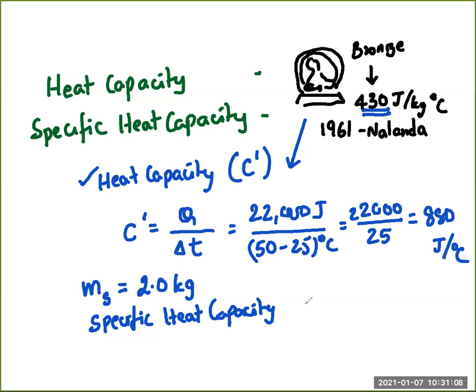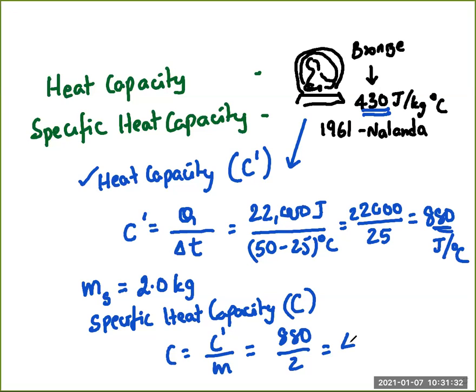So specific heat capacity, which is given the symbol C, is equal to C prime, that is heat capacity, divided by its mass. So when you do that, you will easily see 880, because that is the C prime, right? We got that from here. 880 divided by 2. And what does that give you? 440 joules per degree Celsius.